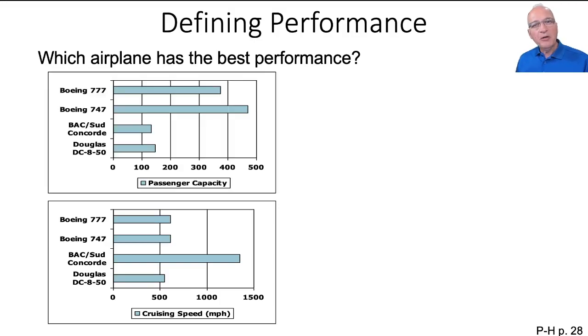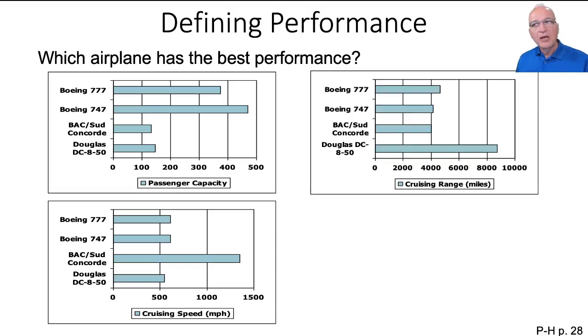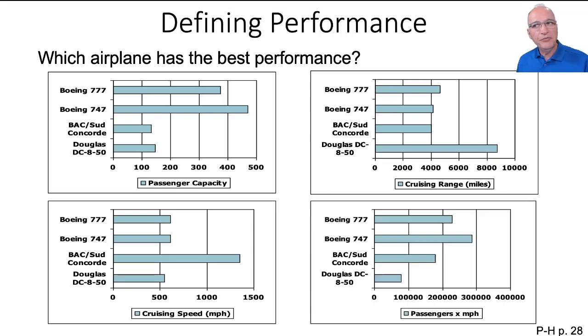However, if my problem is to transport the maximum number of passengers in any given trip, then I'll be choosing the Boeing 747 over the other airplanes because it has a higher passenger capacity. If my problem is to get the furthest without having to refuel, then my choice would be the Douglas DC-850 because I could get much farther in that airplane without having to stop to refuel.